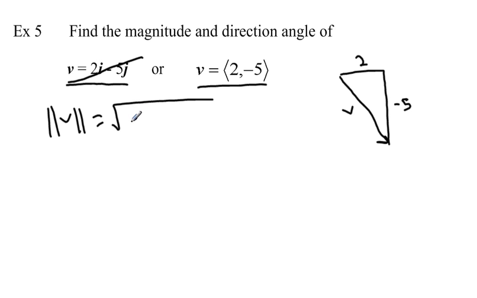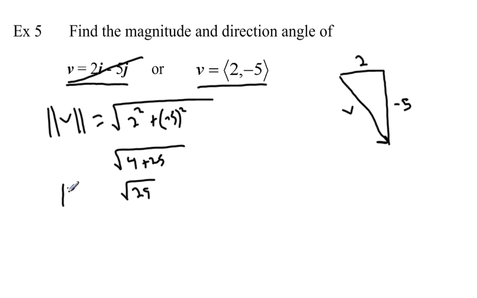The magnitude is the square root of 2 squared plus negative 5 squared, so we get the square root of 4 plus 25, which is the square root of 29. So there's your first answer. The magnitude of vector v is the square root of 29. That's this length right here.